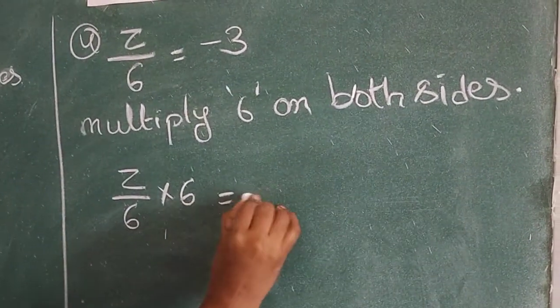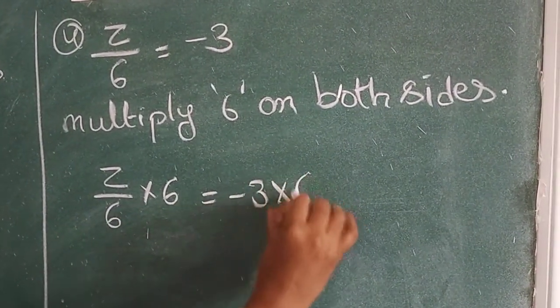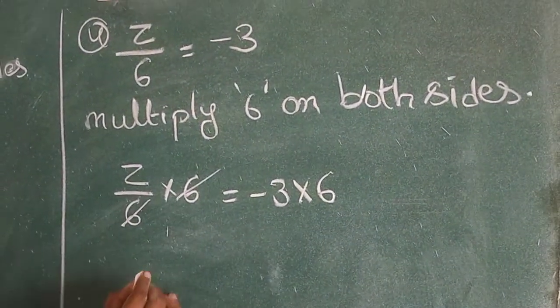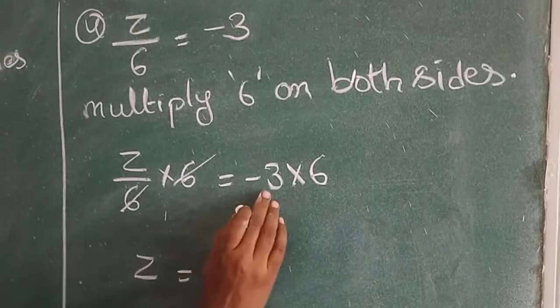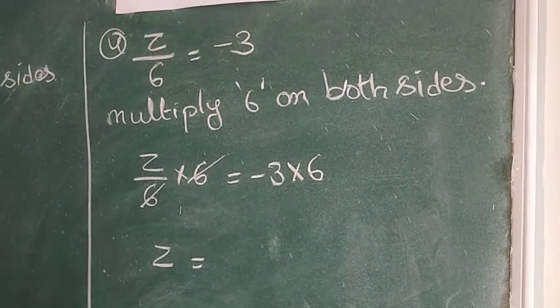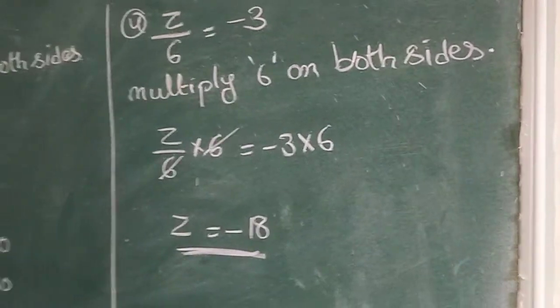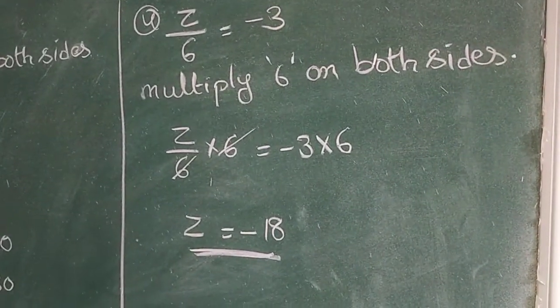In RHS, minus 3 into 6. 6 ones are 6, so z is equal to, 6 threes are 18, minus 18. The value of z is equal to minus 18.